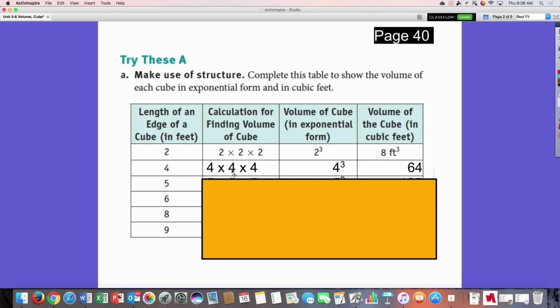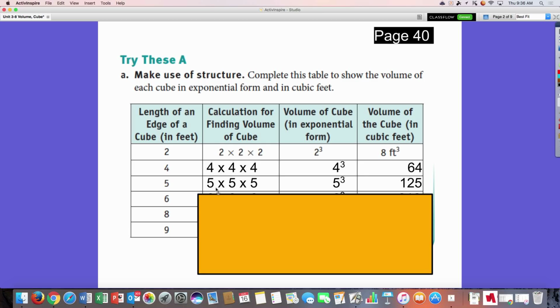Let's do 4. 4 times 4 times 4, volume equals length times width times height. In exponential form, it's 4 to the third power, which means we have 3 4's. 4 times 4 is 16, times 4 is 64. I see a pattern. Let's do 5. 5 times 5 times 5 means 5 cubed, or 5 to the third power.